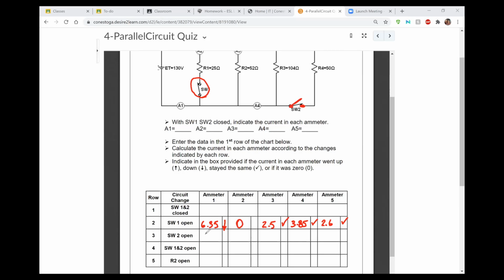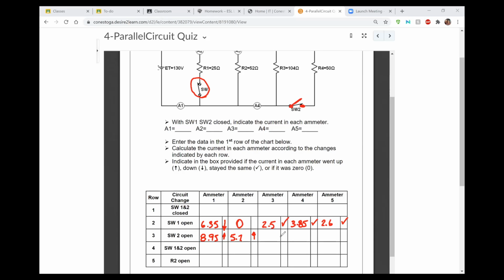Well, this current here is going to go to 8.95. So it's going to go up. And then this one is going to go up as well from the last condition because it went from 0 up to 5.2.